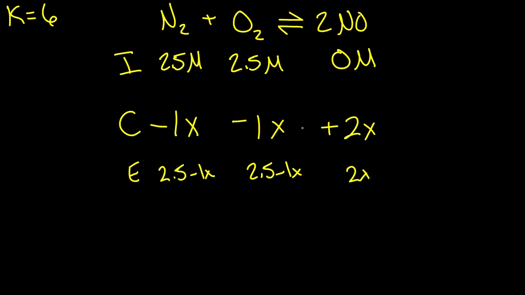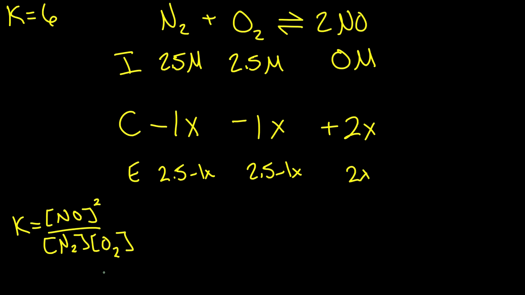Alright, we can write our formula. K equals products over reactants. Our product is NO, and it is squared. My reactants are N2 and O2. Now I can plug in for my formula.